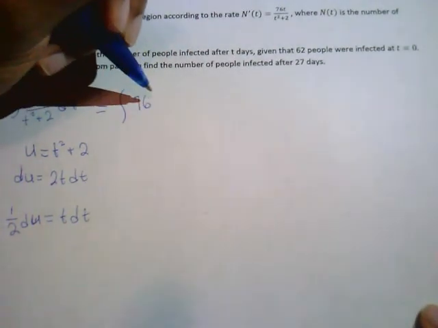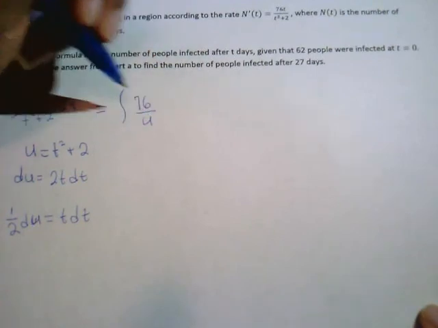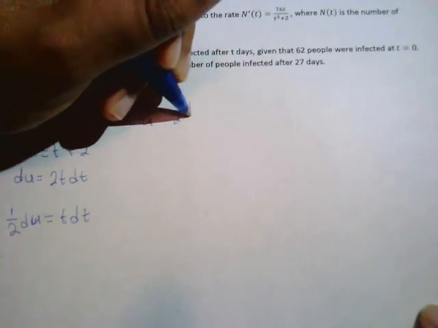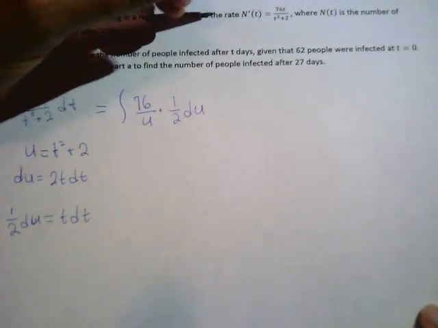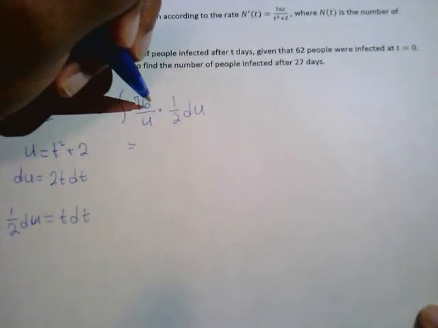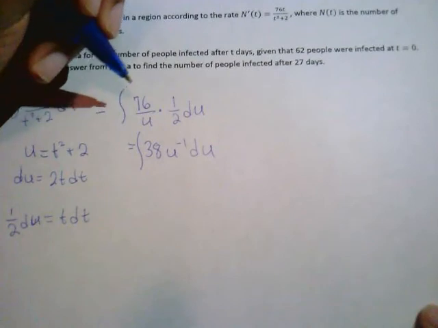So now our integral will be 76 over u, and then t dt became 1/2 du. The t dt equals 1/2 du. So then we can simplify this expression a little bit. Let's make this 76 divided by 2 will be 38 u to the negative first power du.